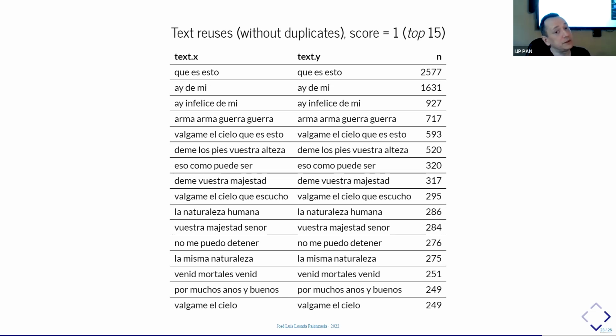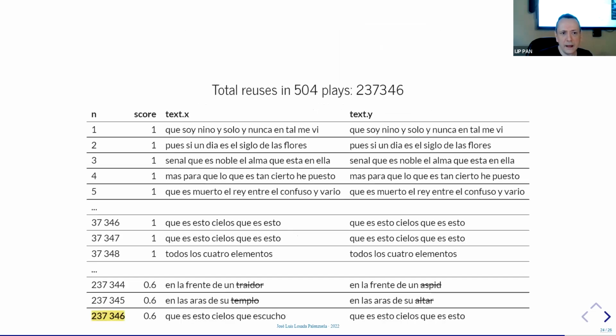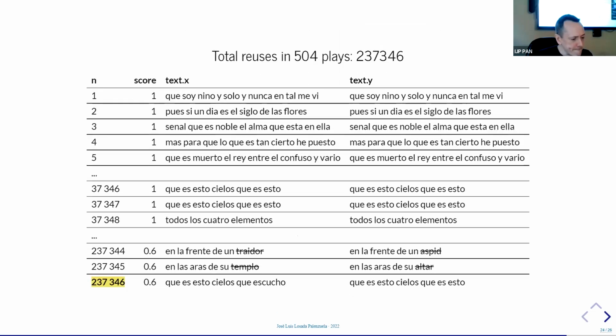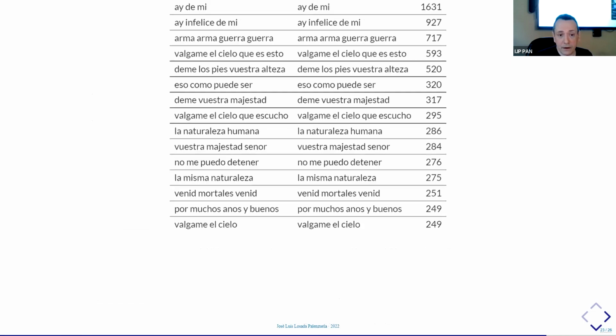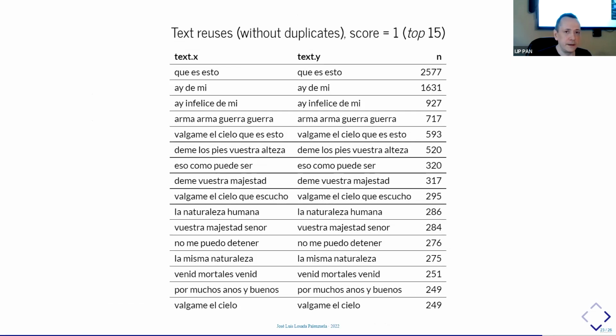So again, this could also be interesting because maybe you can extract some features that are related to the genre of collaborative writing. I propose the last table here.